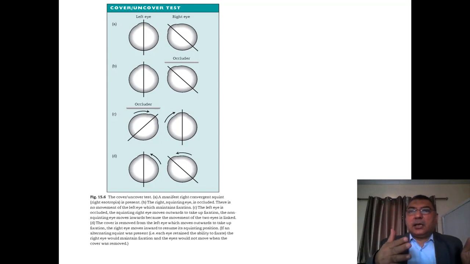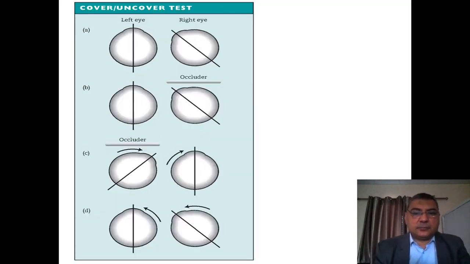It will give us the power in prism diopters. For example, if we have 15 degrees right esotropia, it is equal to 30 prism diopters of deviation. So this is called the prism cover test or Krimsky test.